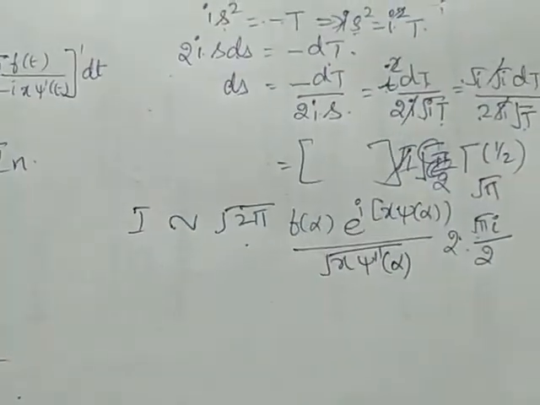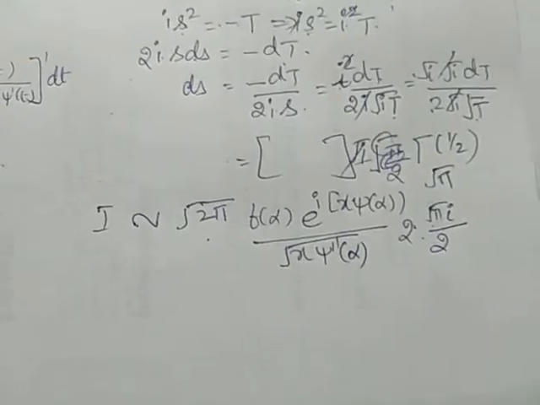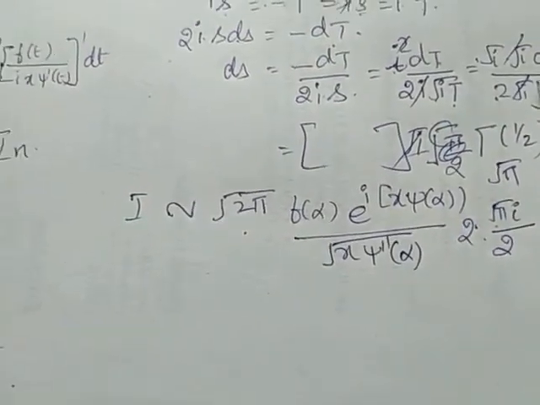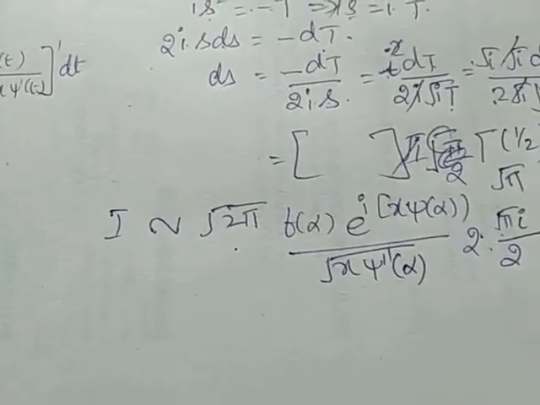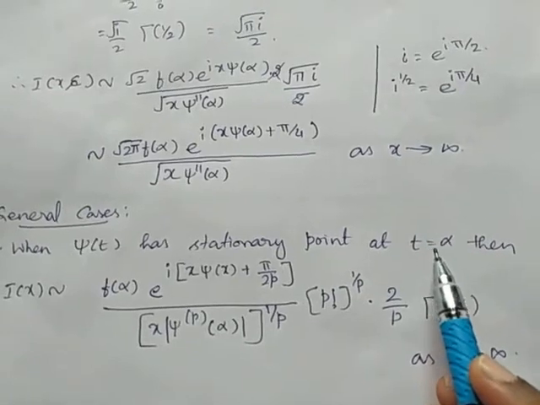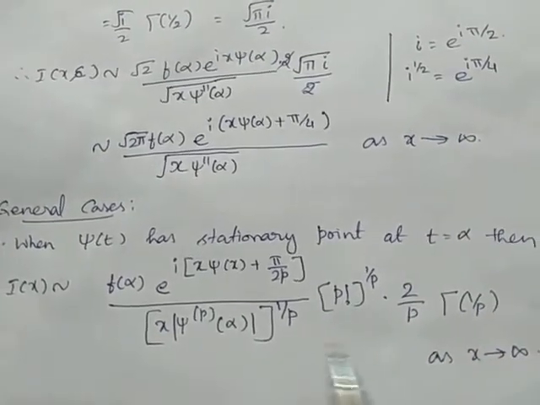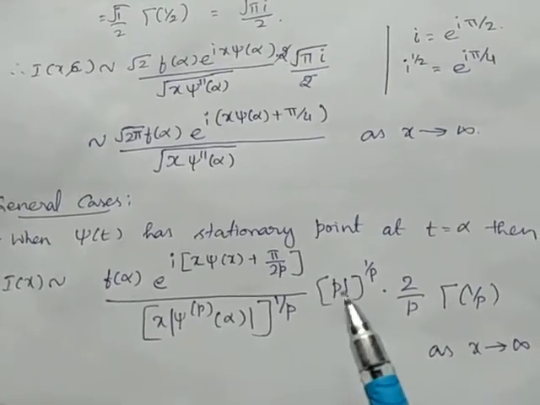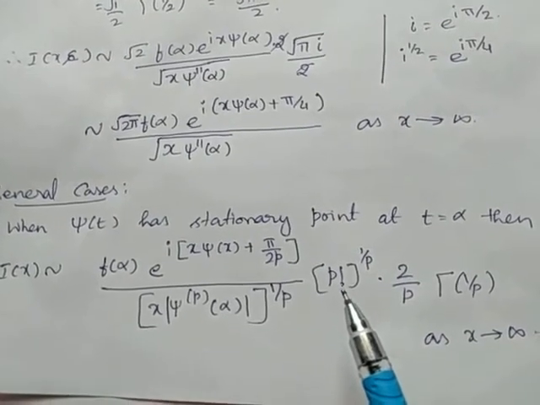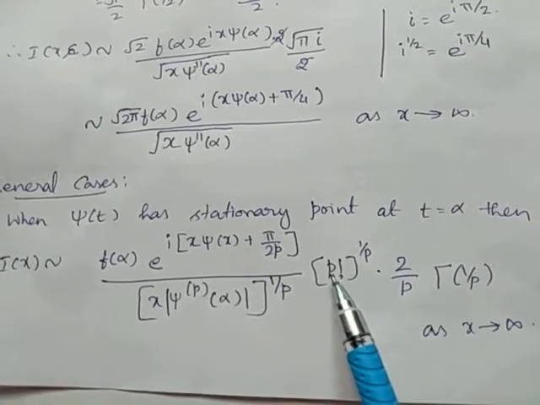As we generalized the formulas in the Laplace method, here also we will generalize the formula. So I'll show the formula directly. When t is equal to alpha, it means in between values. This is the generalized form. Whenever the second derivative becomes less than 0 or greater than 0, that gives our p value.